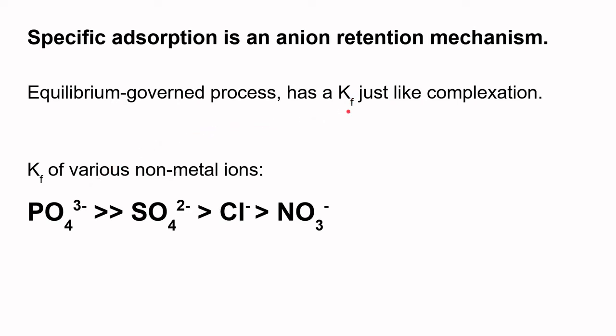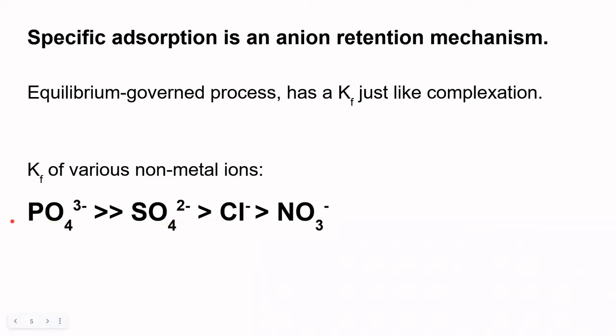A larger equilibrium constant means that something is much more likely to sorb. Generally, this trend that you see is phosphate is one of the very, very strongest sorbing oxyanions through this ligand exchange mechanism. Sulfate is far weaker, but still can be appreciable in a lot of situations. Chloride is weaker still, and nitrate is even weaker, such that these really almost never form complexes with clay surfaces.